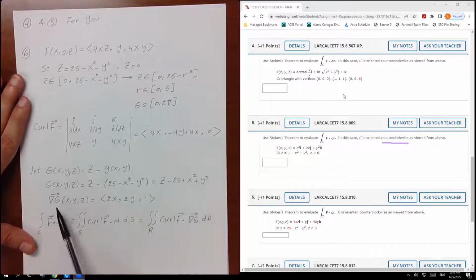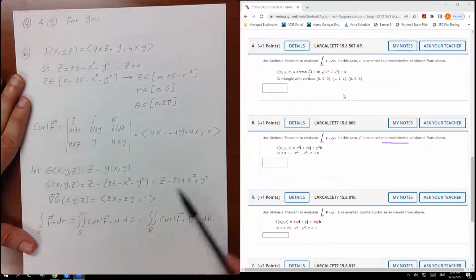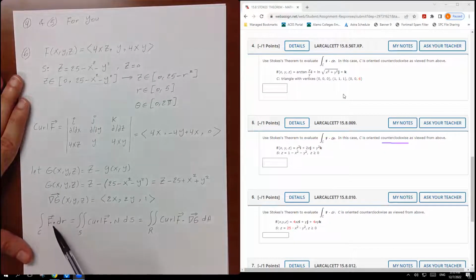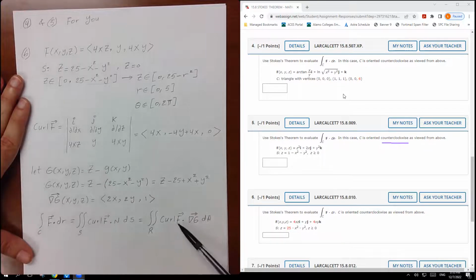The gradient of g is going to be the derivative with respect to x, which is 2x, with respect to y, which is 2y, and for z it's going to be 1. That means the integral over C of f dr is going to be the double integral over S of curl f dot n dS, which equals the double integral of curl f dot the gradient of g dA. That's what we're going to work on.